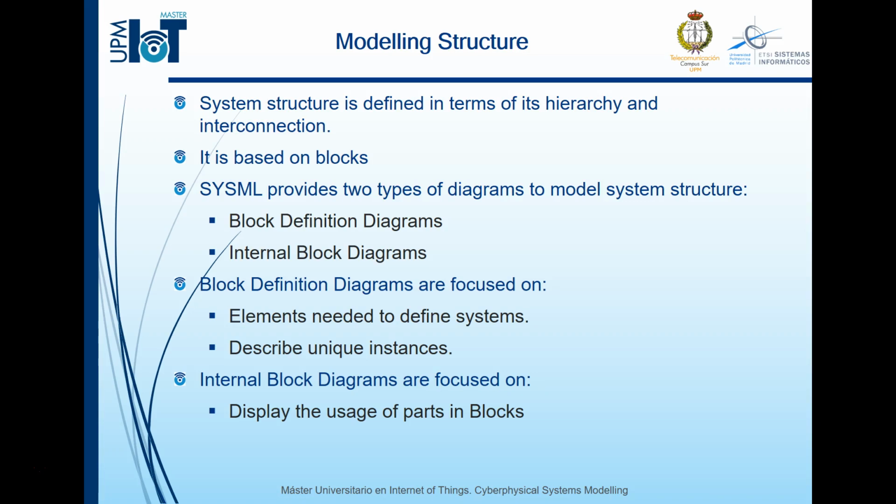And also, we said that there is another element, value types, that we can use. And finally, we talked about primitive types. So, the main elements we are going to use are these three: blocks, value types, and primitive types.